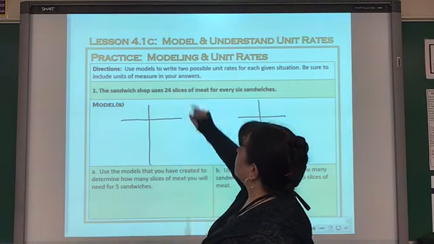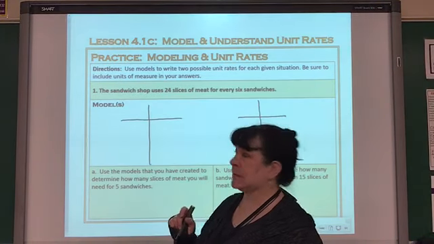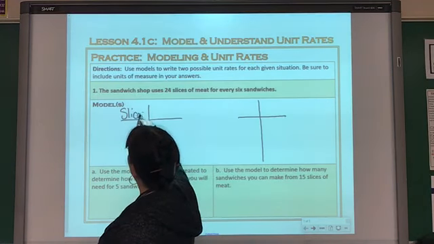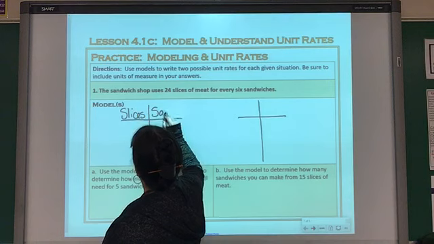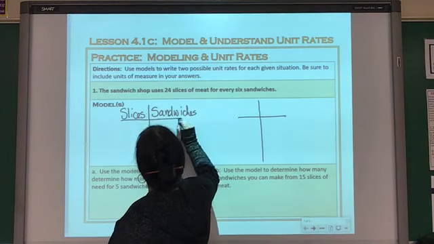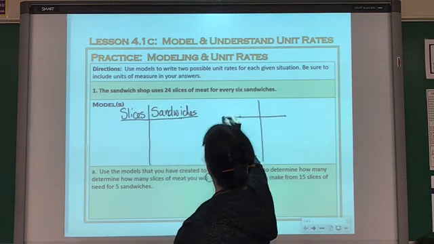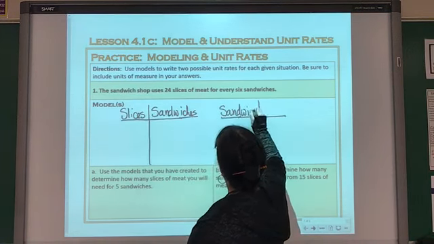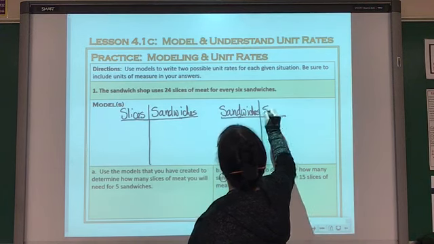We have slices of meat and we have sandwiches. So I'm going to put the category here of slices and sandwiches, and then on the other one I'm going to reverse that and put sandwiches and slices.